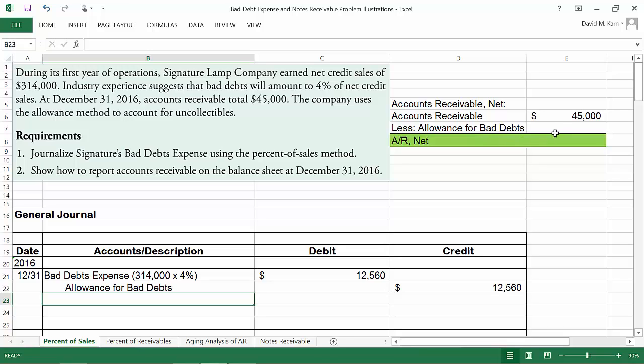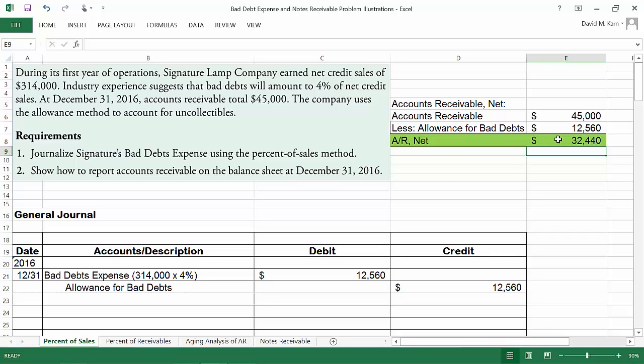And we'll have to subtract the current balance of the allowance for bad debt, which will be the $12,560 that we just calculated. So we take 45,000 minus the 12,560, and you can see that our accounts receivable net is 32,440, and that's what we will use on the balance sheet to add up to get total assets.